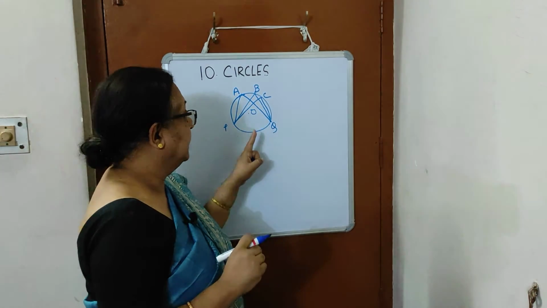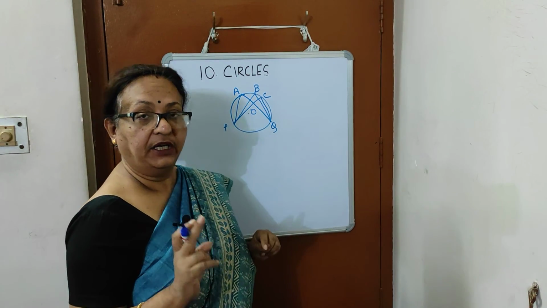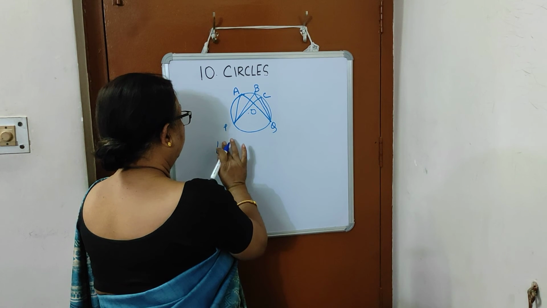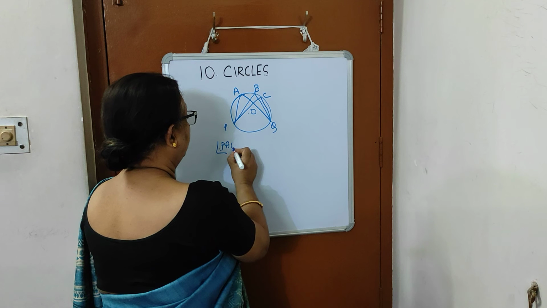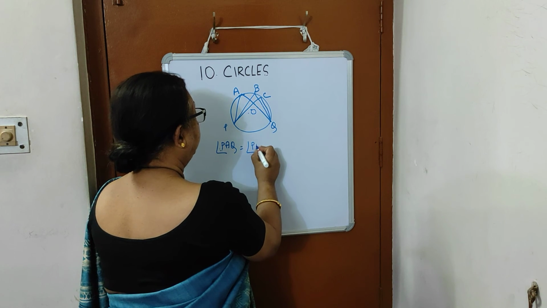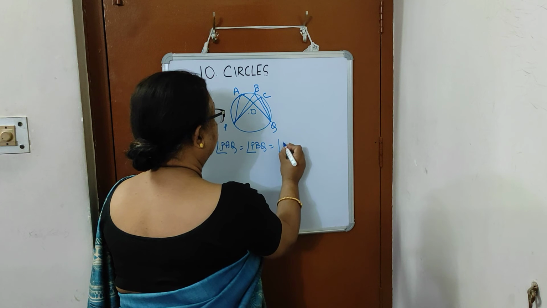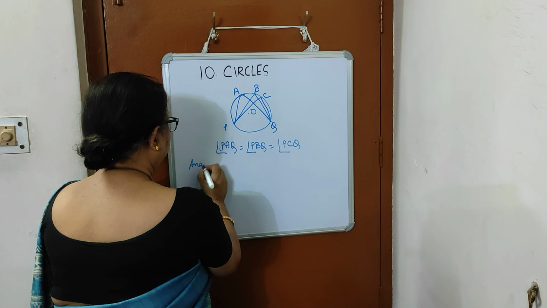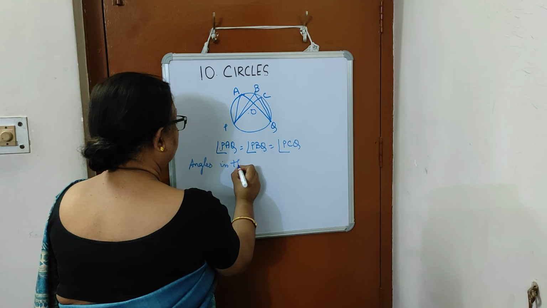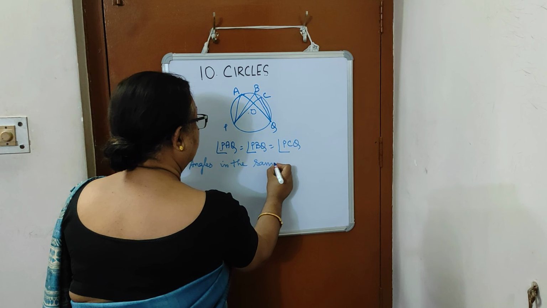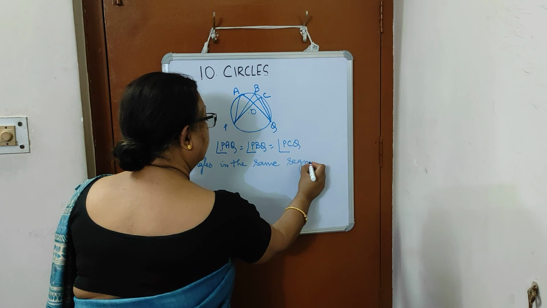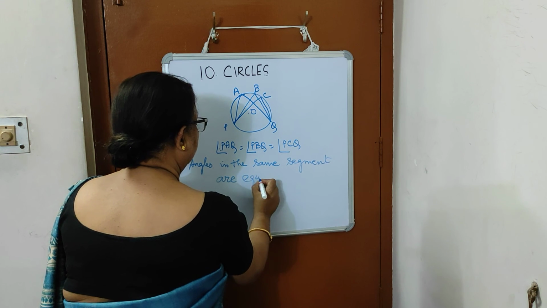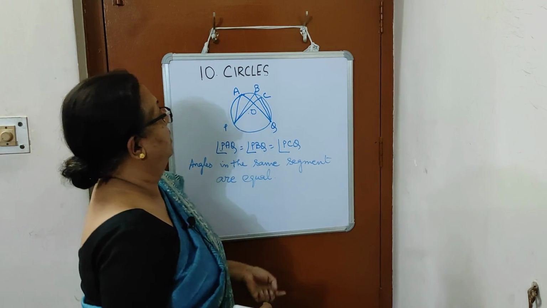We say angles in the same segment are equal. In this case, angle PAQ will be equal to angle PBQ equal to angle PCQ. We say angles in the same segment are equal.